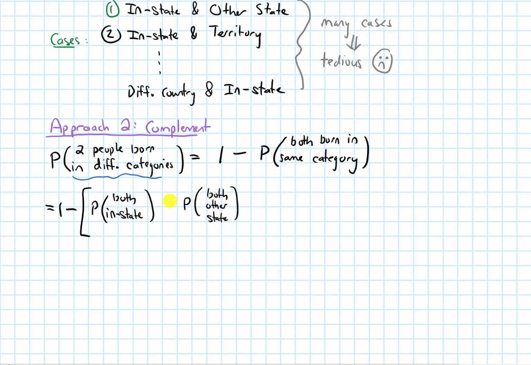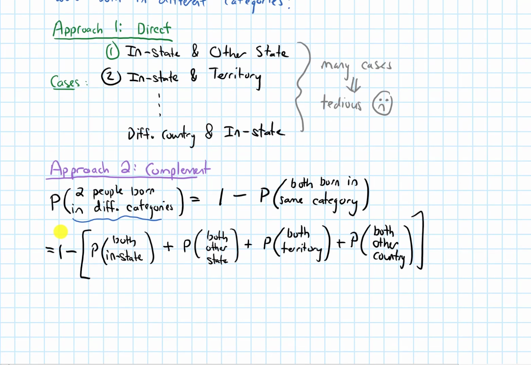And we're going to have to add these values because these are disjoint cases from one another. Plus the probability that both were born in a US territory, and then one final case was both are from another country. So we still have some cases to work out, but it is way fewer cases than I would have if I did this directly.